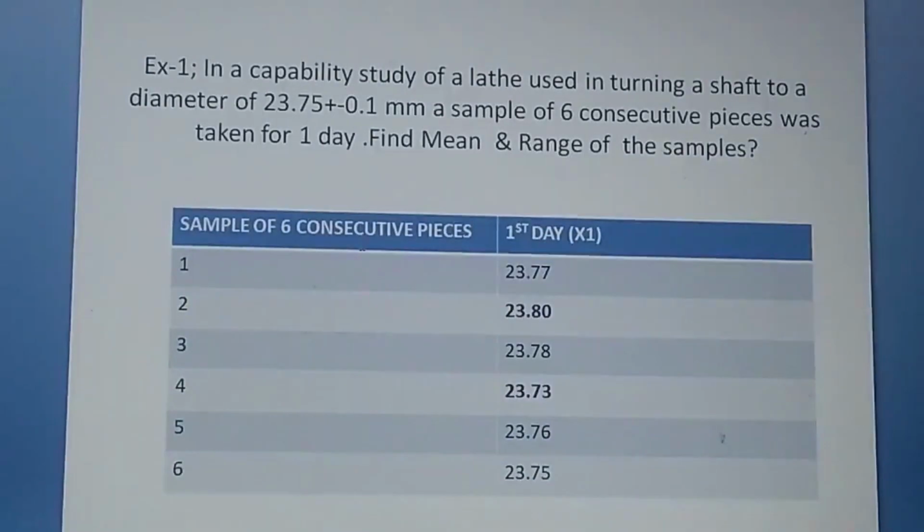In this video lecture we are discussing some examples of how to calculate the mean and the range of the samples. Before that, how to select the variables for the mean and range chart is also very important, because we should choose variables that can be measured accurately and expressed in numbers.